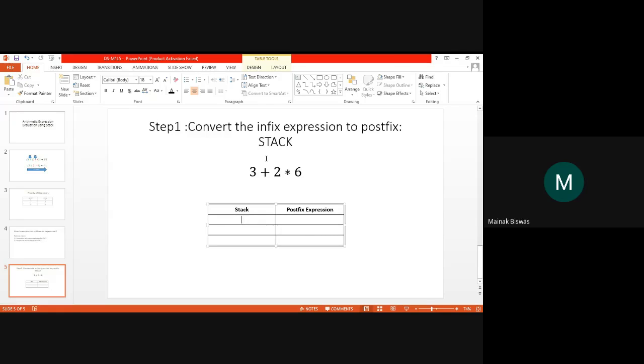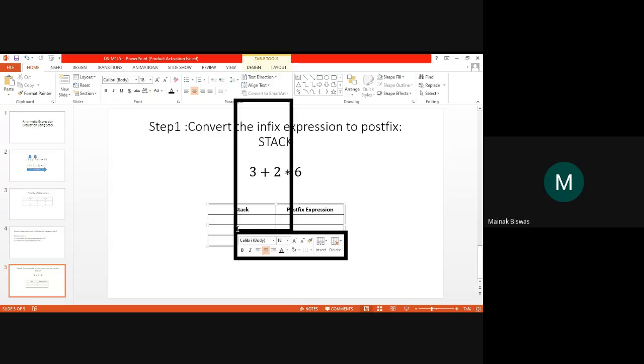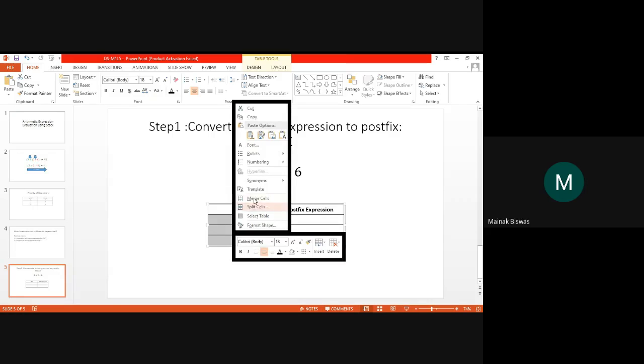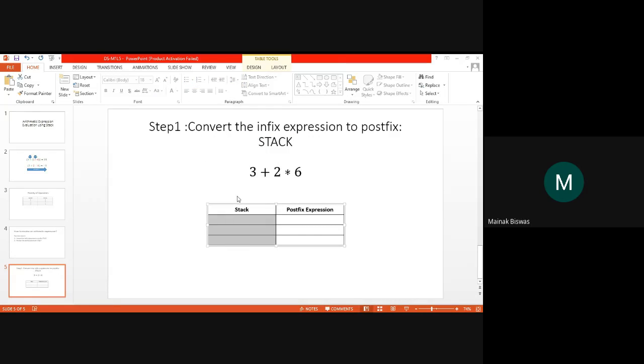Let us put another column for better understanding: this is priority, and this is our postfix expression.